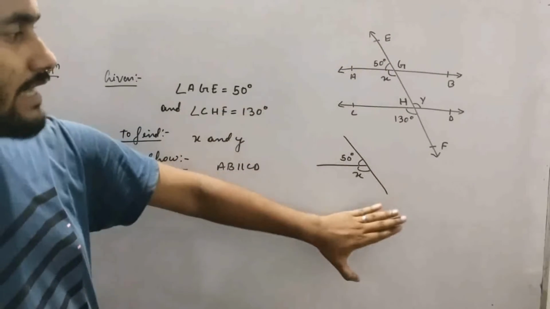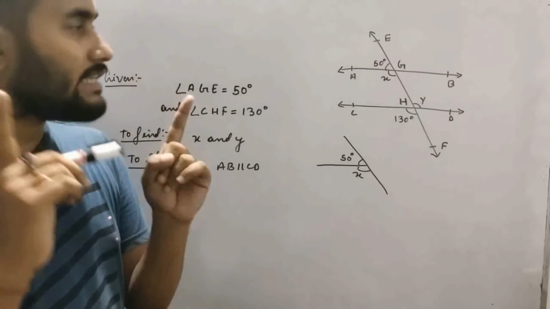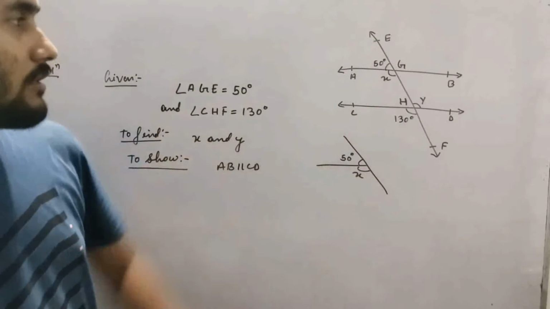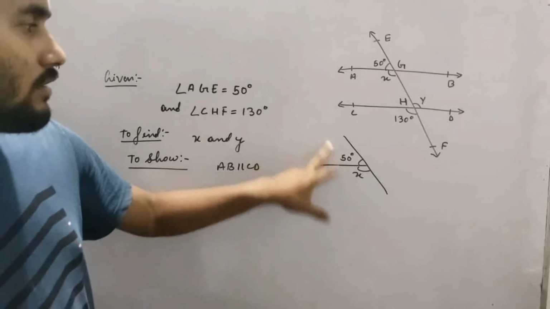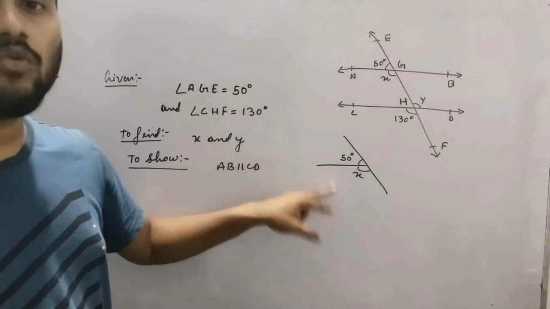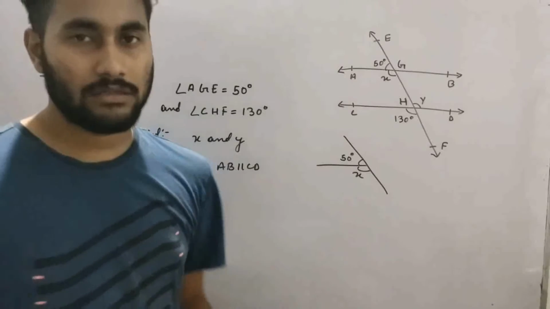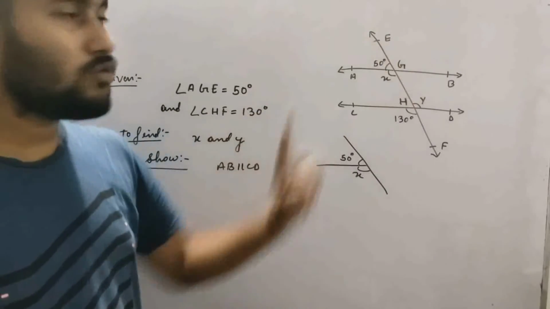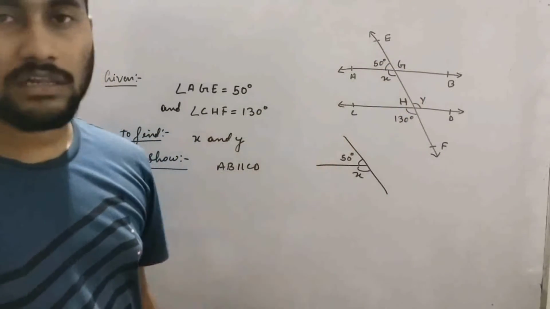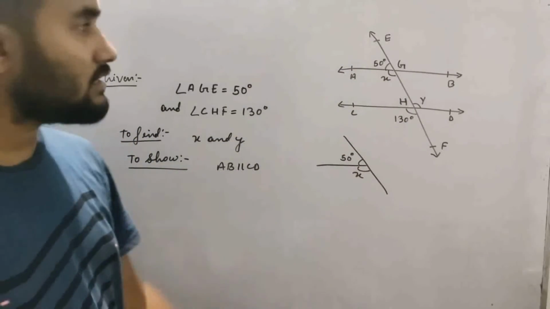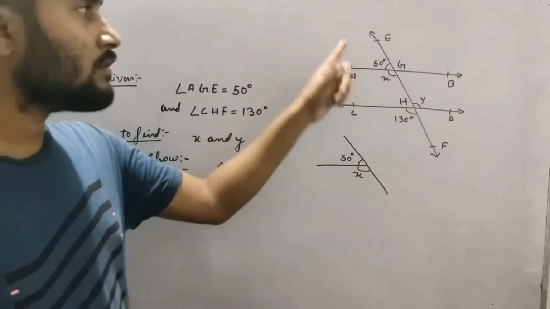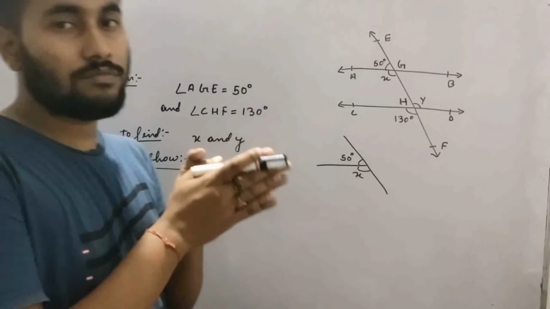When you see the diagram, focus only on this part. What is this? It looks similar to a linear pair. Just now we discussed that 1 and 2 are a linear pair, 2 and 3, 3 and 4, 1 and 4 are linear pairs. So your focus on the diagram should be very accurate.